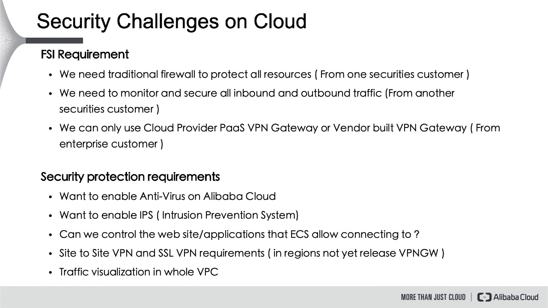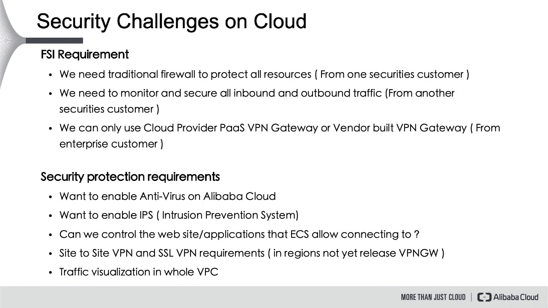For security protection requirements, some customers also ask me, do we have antivirus capability on Alibaba Cloud? Previously, I could only mention that we have Server Guard on our ECS. We have it to monitor your ECS, something like that. However, it's not really an antivirus solution. Secondly, the IPS, intrusion prevention, and also the intrusion detection system.